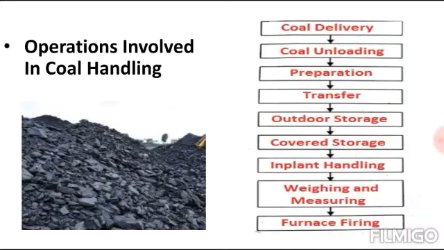In cover storage, we store the coal for live supply. In in-plant handling, the coal is transferred from cover storage to the furnace, in weighing, the coal is weighed using different equipment, and in furnace firing, the coal is fed into the furnace to produce heat energy. So this is all about the coal handling system in power plants.